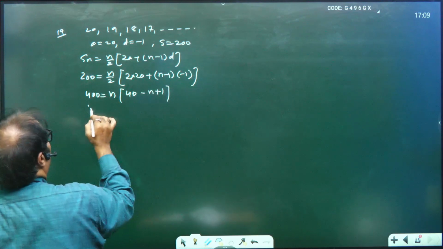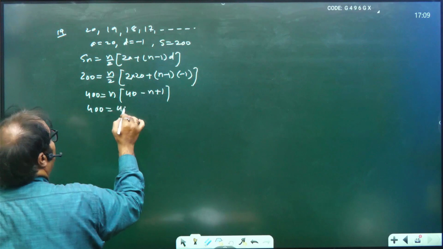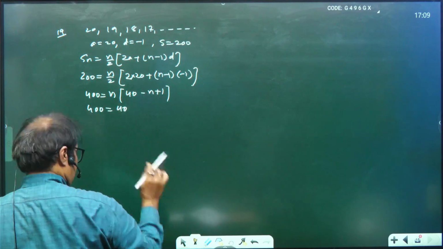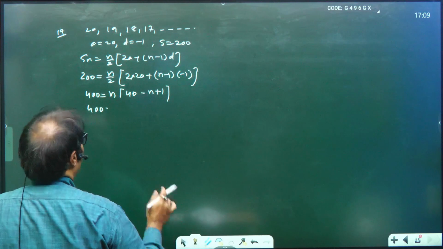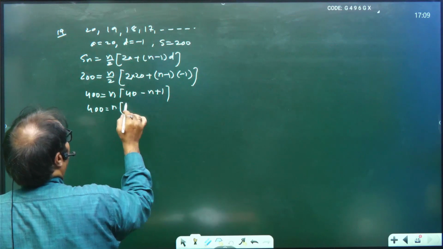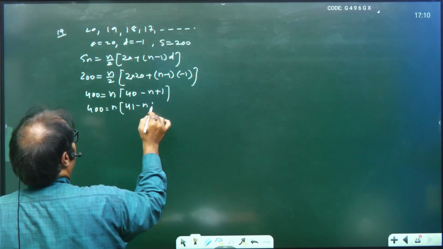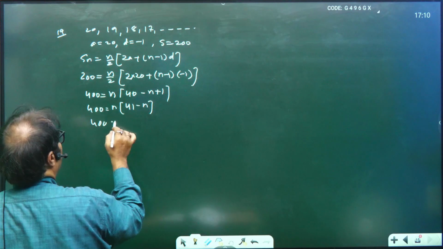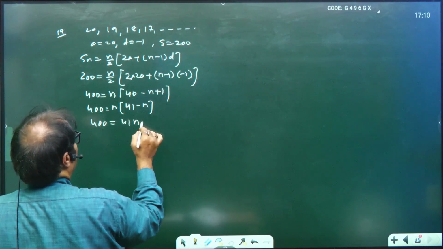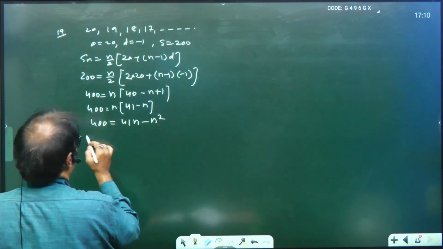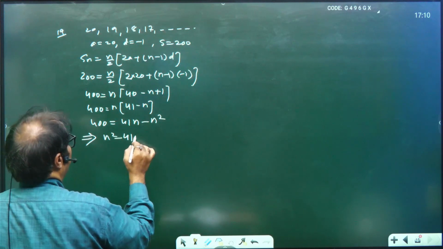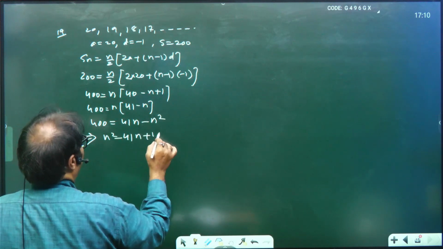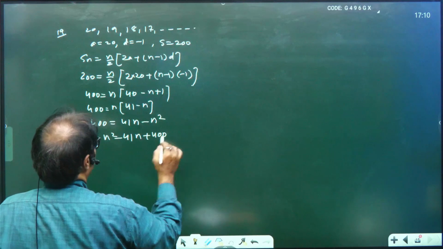So n into 41 minus n, and now open it. 400 is equal to 41n minus n square. So this implies that n square minus 41n plus 400 is equal to 0.